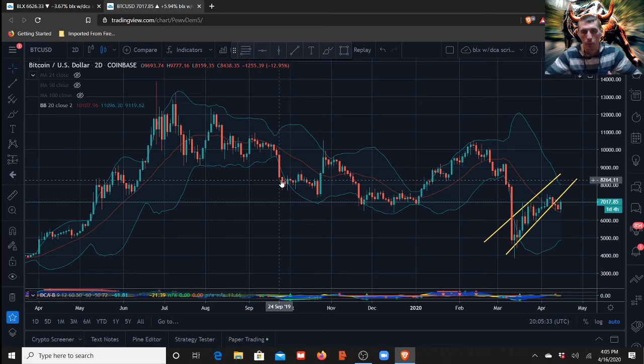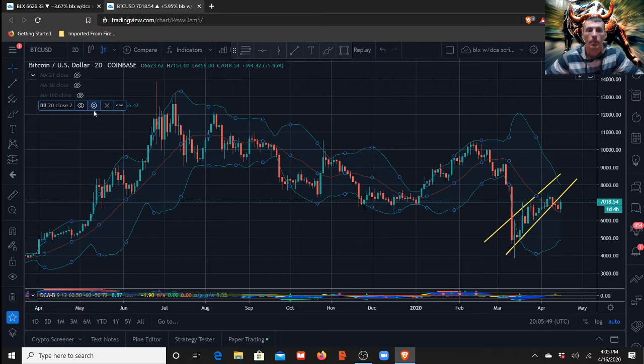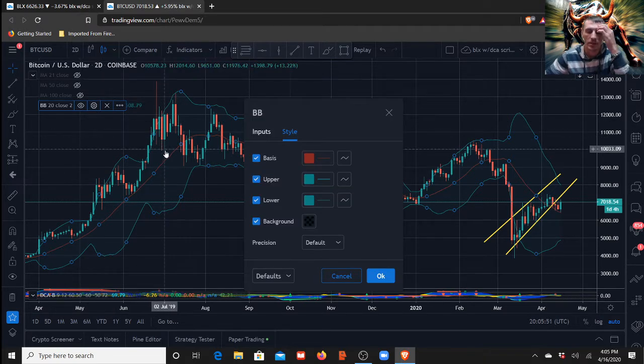If you go up to 2.5 or 3 standard deviations, you have a lot more room and are a lot farther away from the average price with the top or bottom band. Like I said, if I'm using the Bollinger Bands, I like to use the 2.5 deviation.